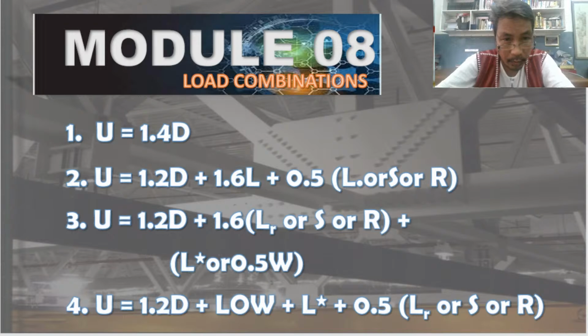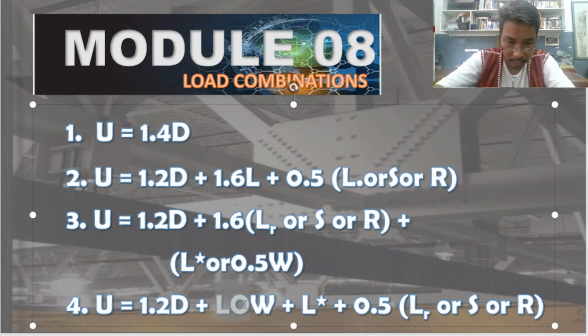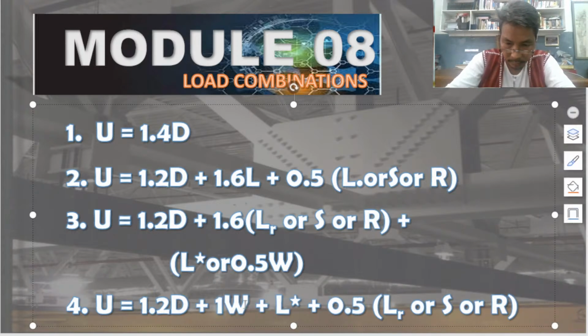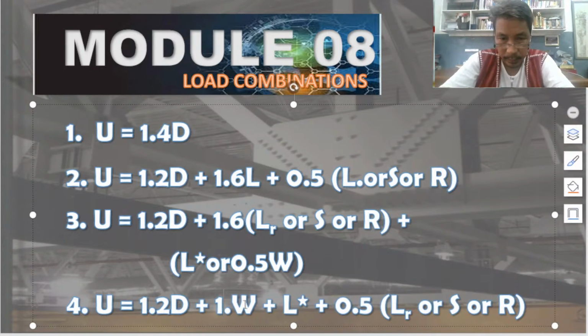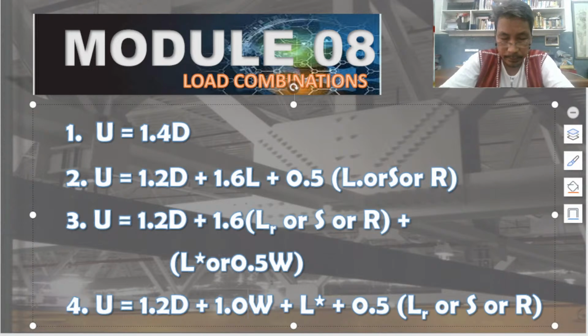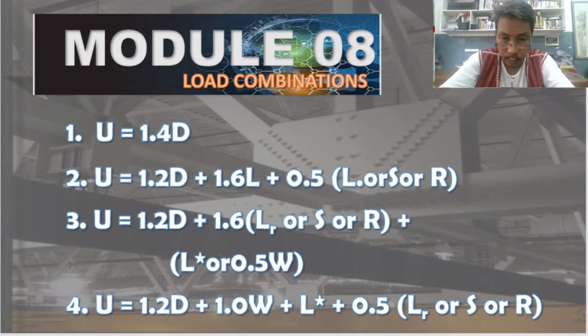That is number 4, that is 1.0. I confirm that this is actually 1.0. Then 1 times wind load plus live load.